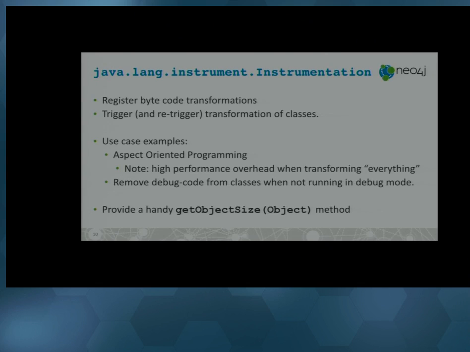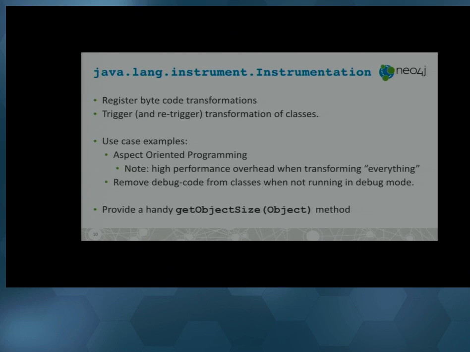The main downside of using the instrumentation API, if you want access to the getObjectSize method, is that it's a bit tricky to get to. The only things that get access to the instrumentation API are Java agents. So you have to write an agent in order to look at object size. That's annoying.